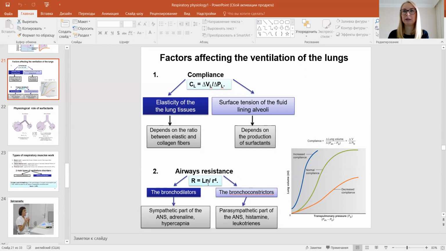But in some cases, for example, in case of increased humidity of the air, the influence of viscosity becomes noticeable, and it is hard to breathe because of increased air resistance.